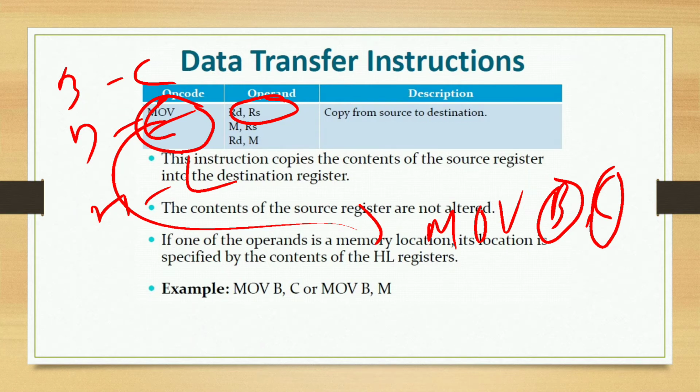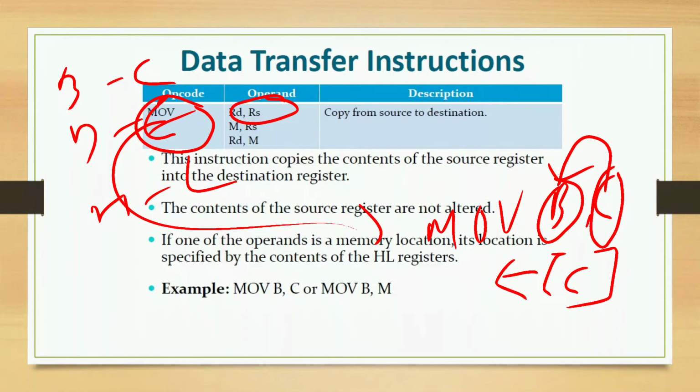In MOV B, C, content of the C register is moved or transferred, copied to the B register. This one is the MOV RD, RS.